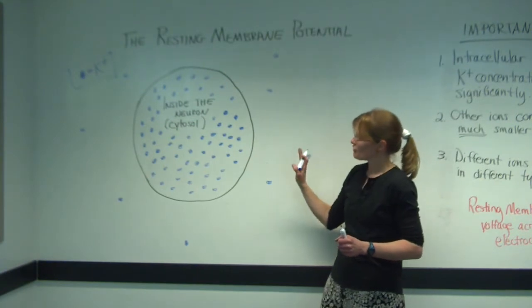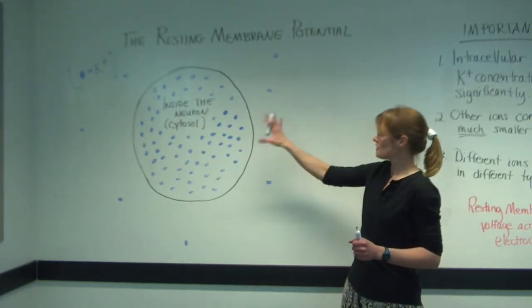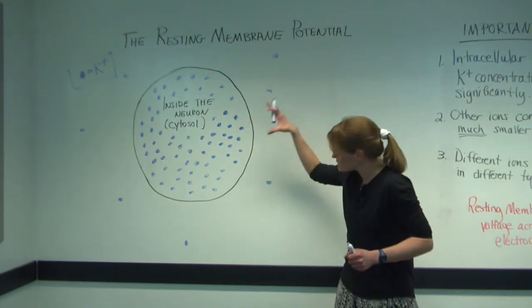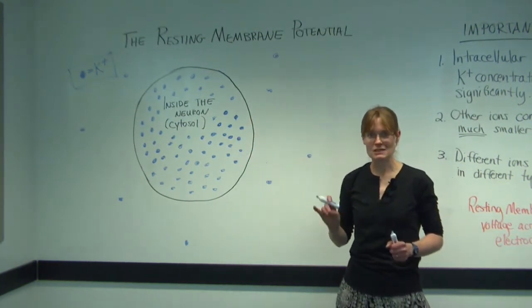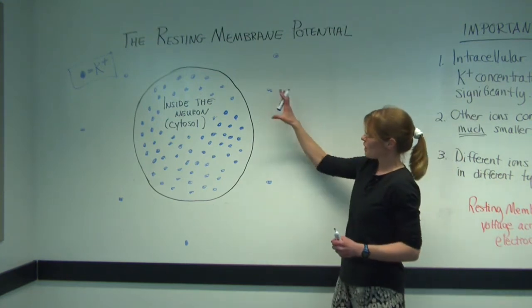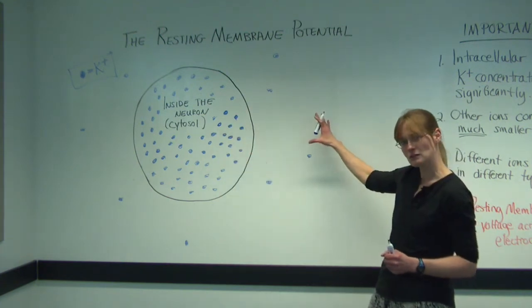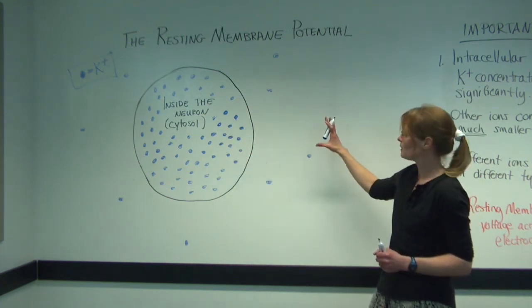But remember, there are still all those other types of ions and all those other charges that are still here. We just simplified it down so we could really see what's happening with the potassium ions. So we've got a lot of potassium inside, and not quite so much potassium outside, right?